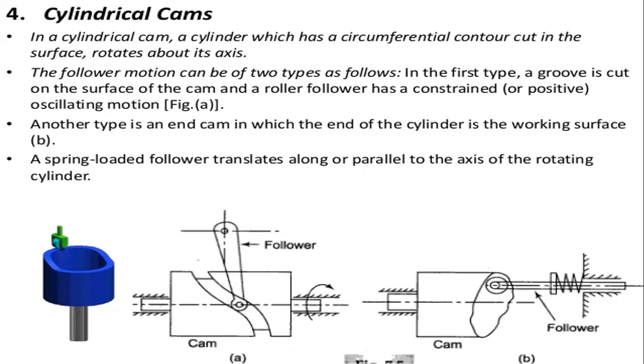The follower motion can be of two types. In the first type, a groove is cut on the surface of the cam, and a roller follower has a constrained oscillatory motion.